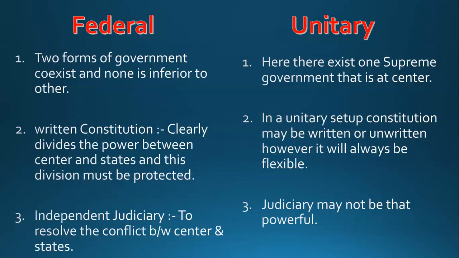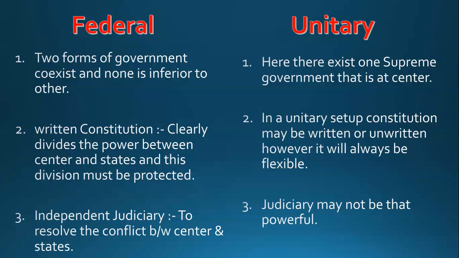So what is the next feature of a federal government? Any federal setup should have a written constitution, and that written constitution should clearly divide the power between center and state, that these are the powers of the central government and these are the powers of the state government, and this division of power must be protected.